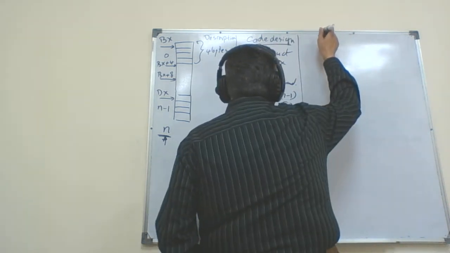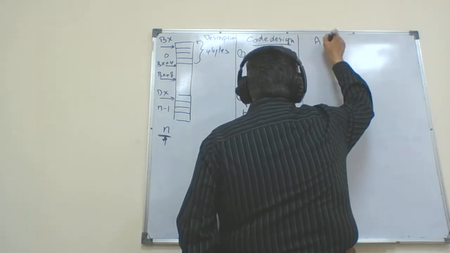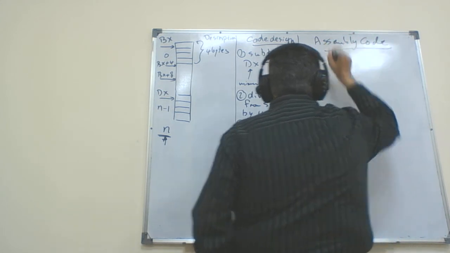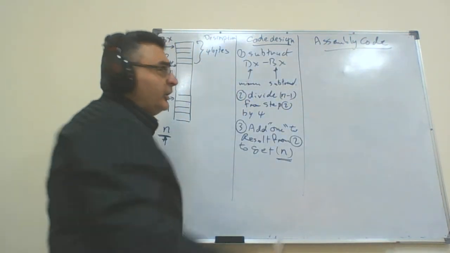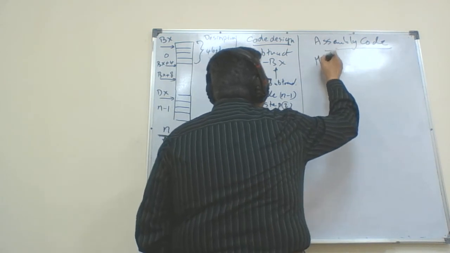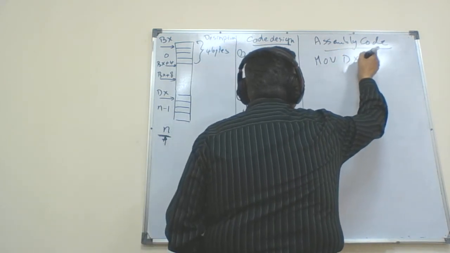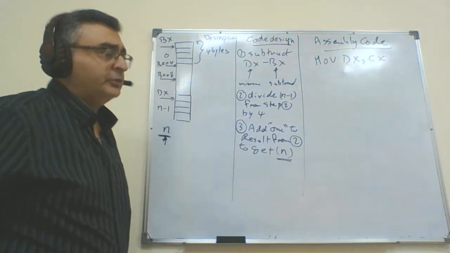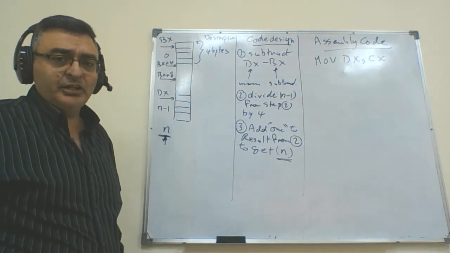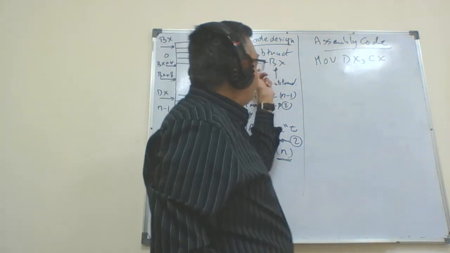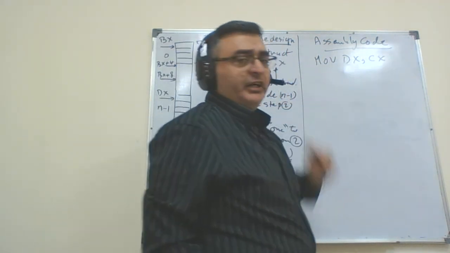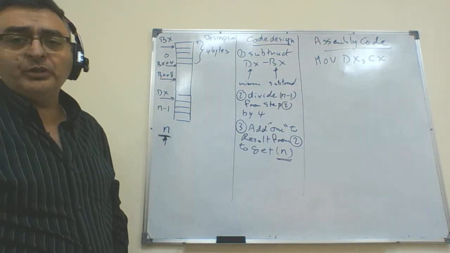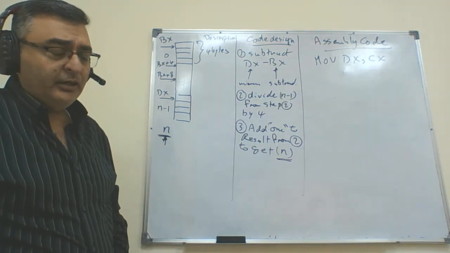Okay, so this is the assembly code. First, I will move DX into CX, in order to perform the operation through CX instead of DX. So I don't want to lose the index DX that's pointing to the last element of the array.